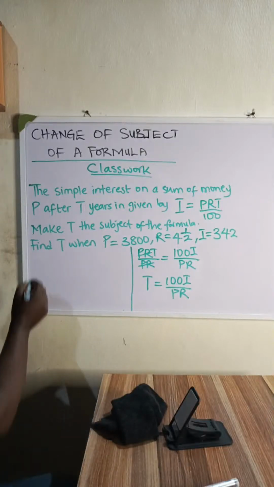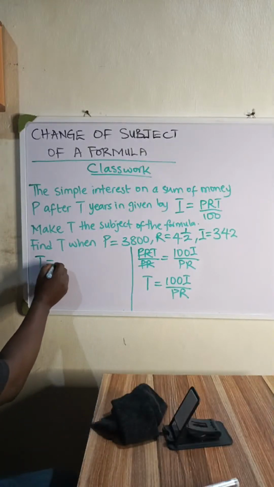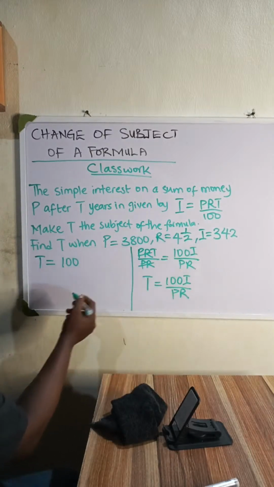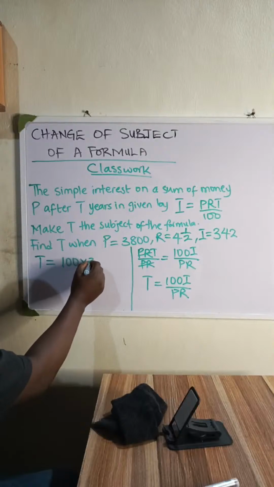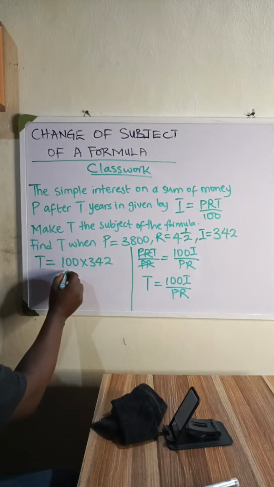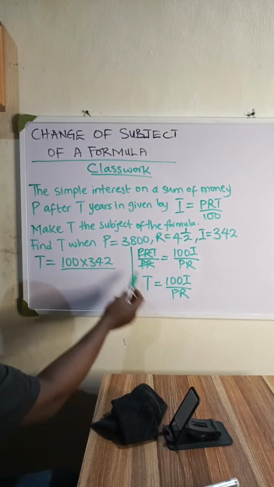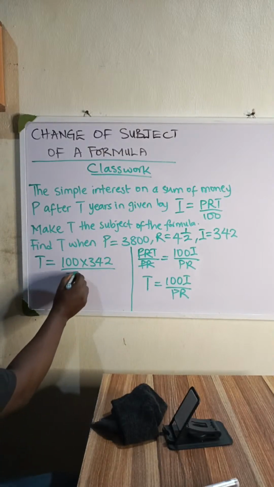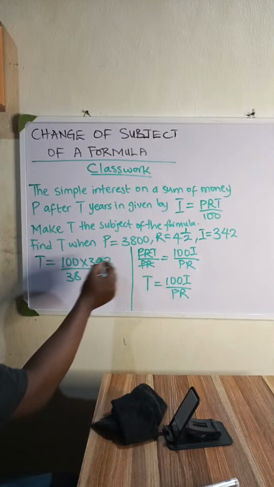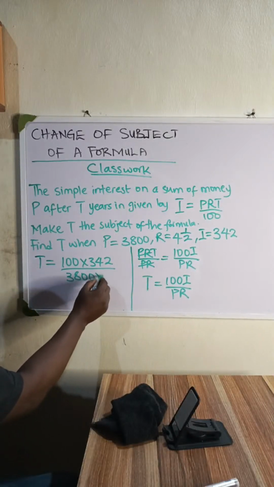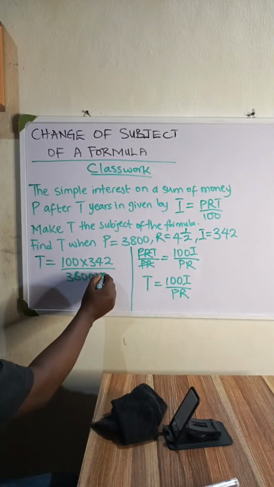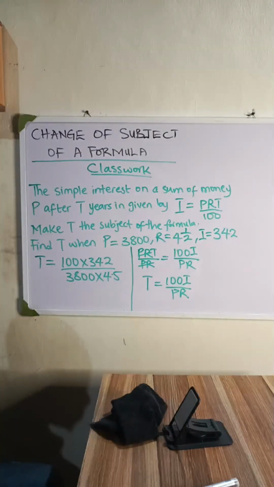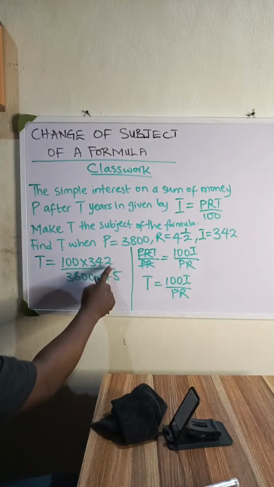So T is equal to 100 times our value of I, which is 342, all over P, which is 3,800, times our R, which is 4.5.